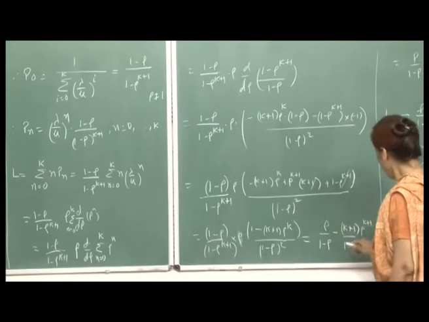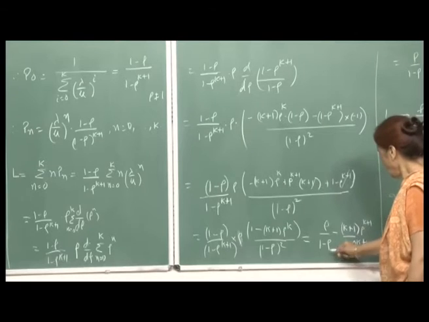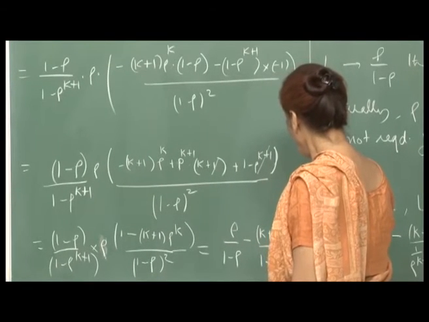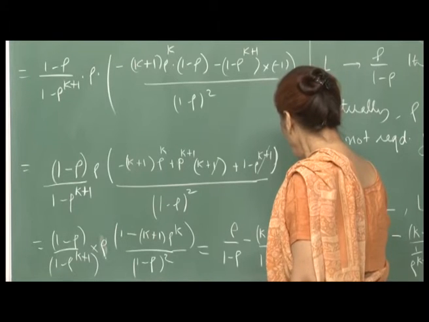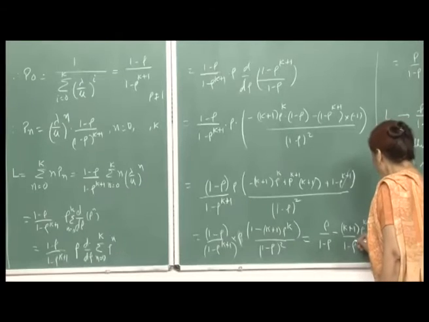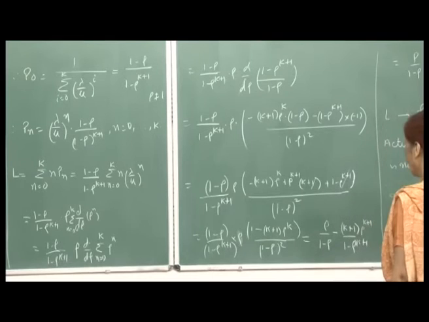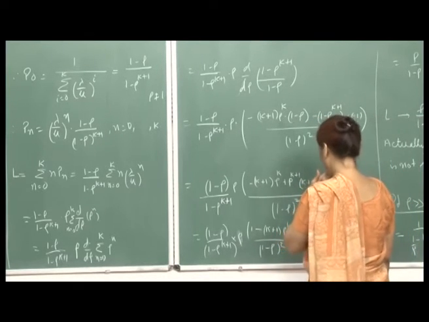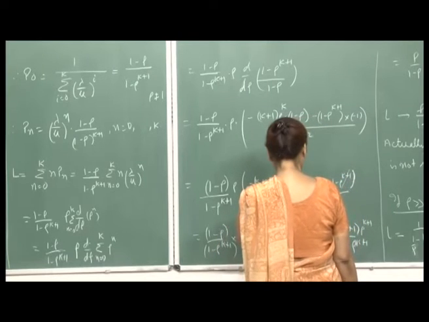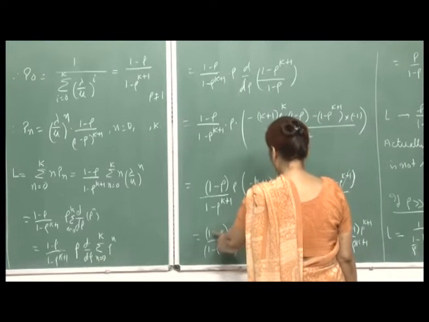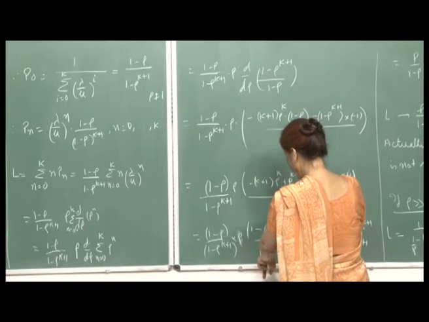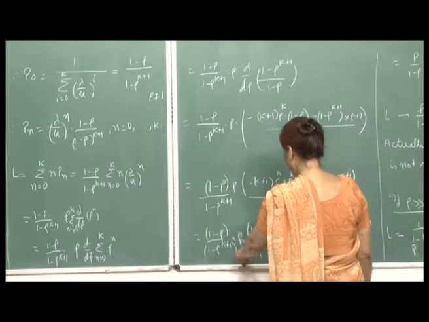Finally, you will get this. I have just separated out the two terms: rho upon (1 minus rho), minus (k+1) rho^(k+1) divided by (1 minus rho^(k+1)). So, the 1 minus rho cancels here, and you are left with 1 minus rho, the power 2 is gone, and then the rho part here.